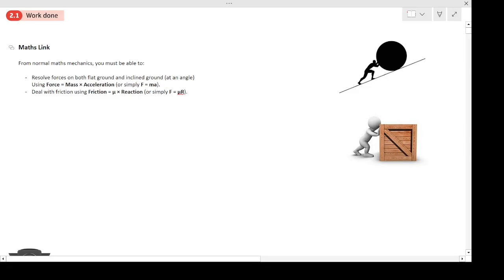Those are examples of work done. So the idea of work is, work tells us the energy we use to push an object forward.